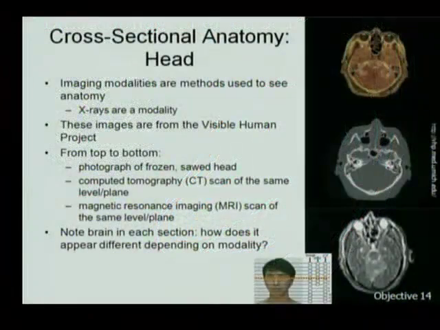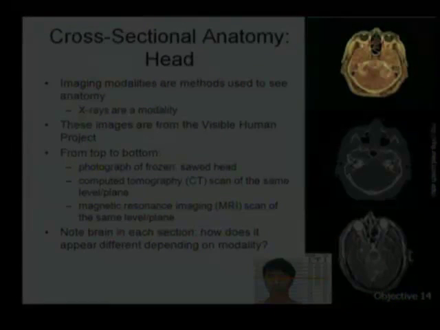Now we'll turn to the cross-sectional anatomy of the head, and it's not important that we recognize the different structures in the head, but what we do want to recognize in this series of photographs is the different imaging modalities that we use to image the human body and how they look different on these photographs.